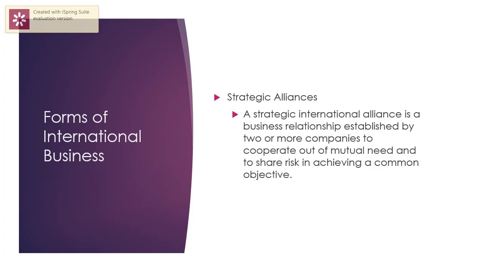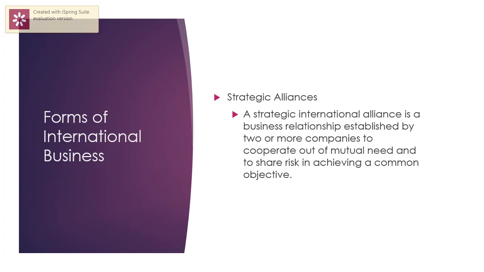Now, there is a difference between joint venture and strategic alliance. A joint venture can be defined as the association of two or more companies coming together to form a separate legal entity to carry out continuous business operations, whereas in strategic alliance, the association of two or more companies comes together to form a separate legal entity to carry out continued business operations.